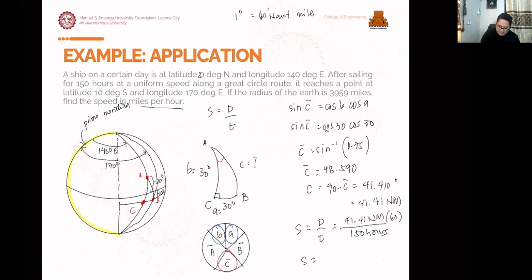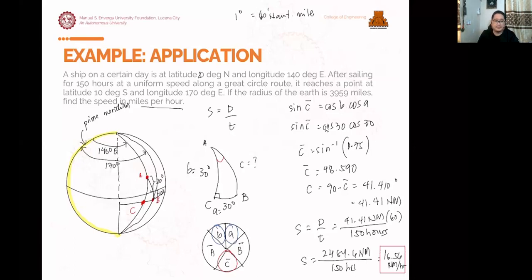So, 41.41 times 60, magiging 84.6 nautical mile all over 150 hours. Okay? So, divide natin by 150. That is 16.56 nautical mile per hour. And that is our answer for this one.